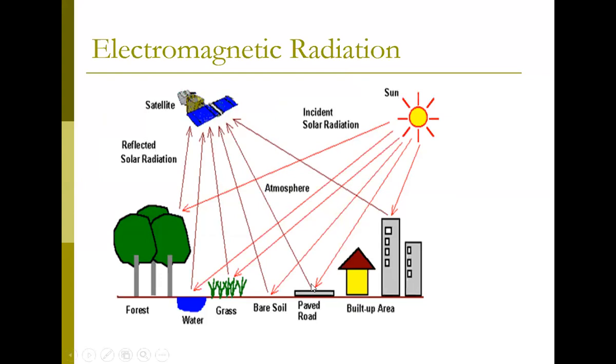You can see that the sun is radiating energy everywhere. Buildings, this is a built-up area. Road. Bare road. This is the grass. There is water. There is a forest. And all the signals can be transmitted to the satellite. This is through free space.